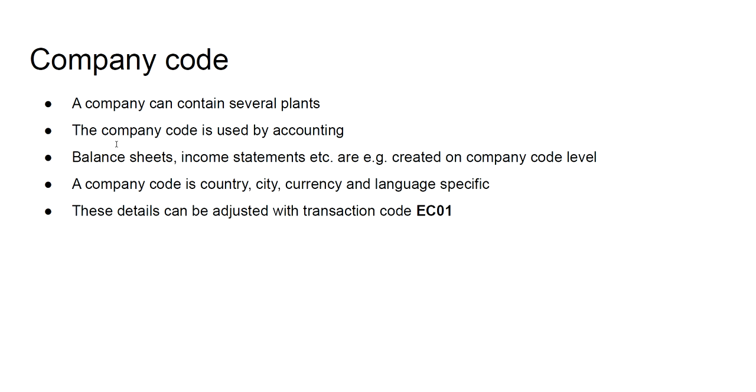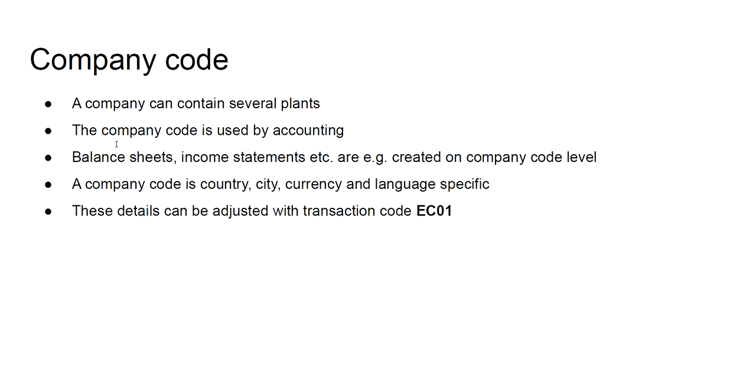Then there's the company code. The company code can, as I displayed on the chart before, contain several plants. And the company code is most importantly used by accounting, for example, for balance sheet creation, income statements, and so on. A company code is country, city, currency, and language specific.